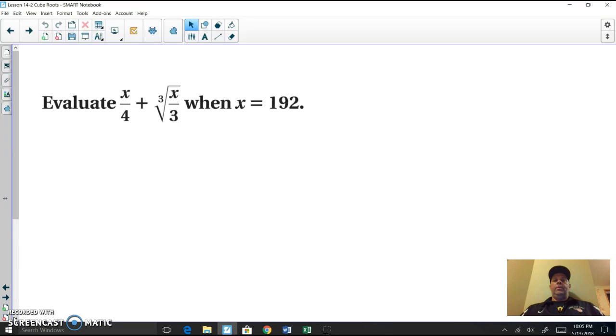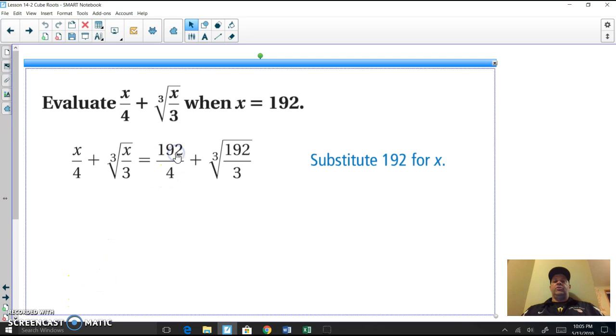In this example, we must evaluate x divided by 4 plus the cubed root of x divided by 3 when x equals 192. The first thing that we must do is substitute 192 divided by 4 plus the cubed root of 192 divided by 3.